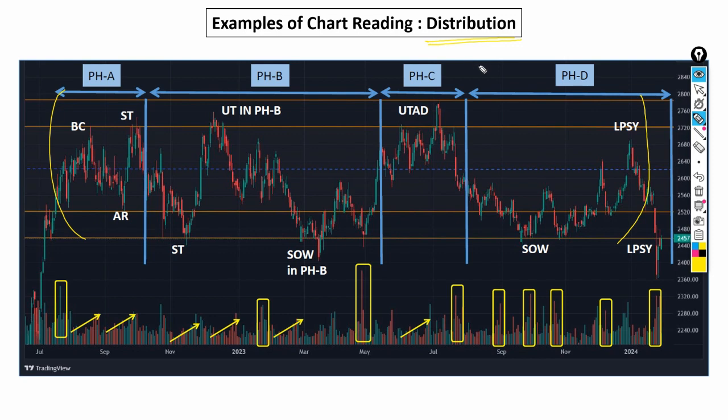Again, a detailed analysis of a trading range with the help of different phases, with the help of the price action and the volumes that are generated, with the help of analysis of the rallies and the reactions.